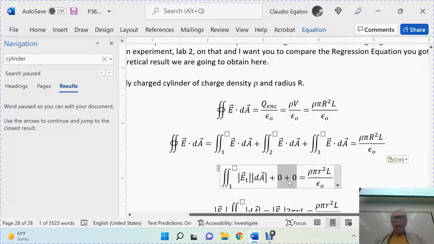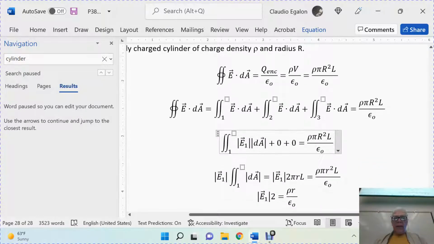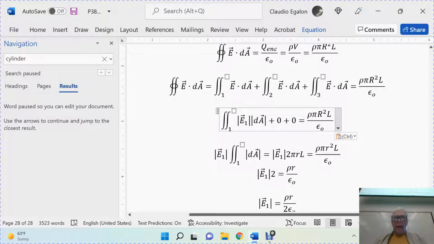That's why we have those 2 zeros. The magnitude of the electric field on the surrounding cylindrical surface is constant, not the direction, of course. Because of that, it can be taken out of the integral.